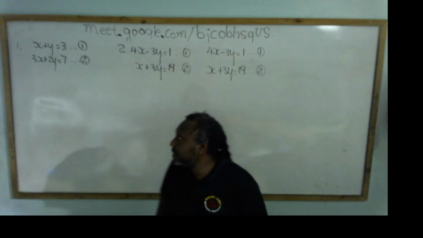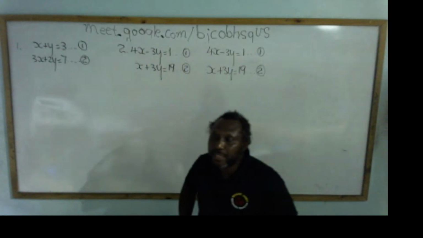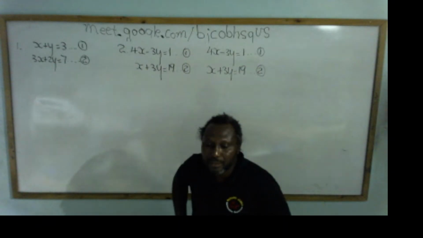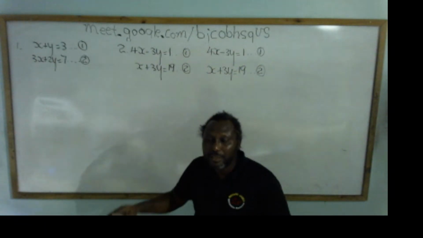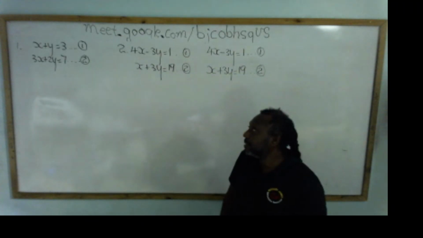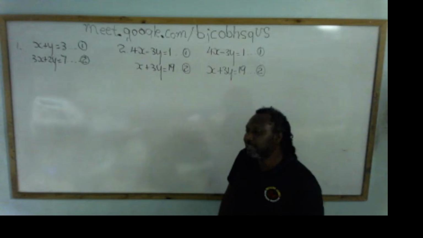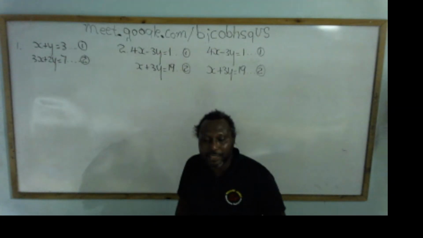By next week, Monday, all being well, or maybe by the end of the day today, we'll be looking at a pair of simultaneous equations of which one is linear and the other is not linear.